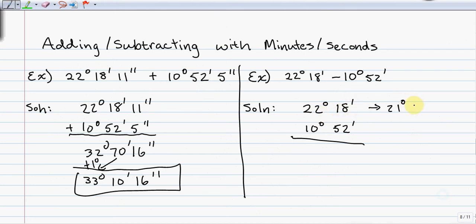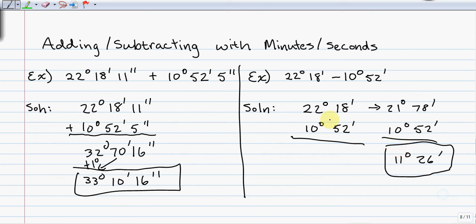So 60 plus 18 is 78 minutes. And that will allow our minutes to be bigger on the top so that we can actually do the subtraction. So now 78 minus 52 is going to be 26 minutes, okay? And 21 minus 10 is going to be 11 degrees.